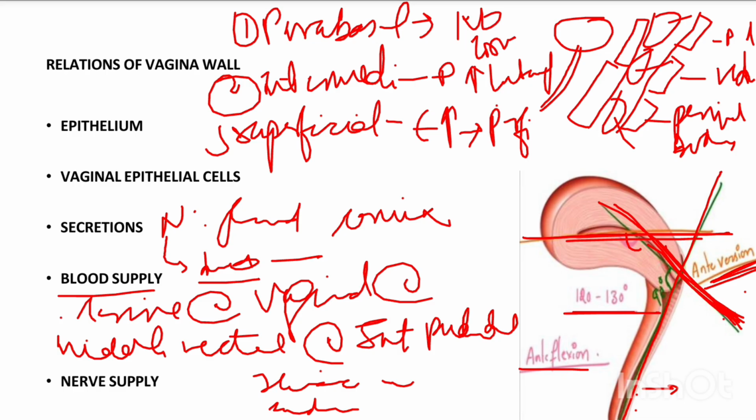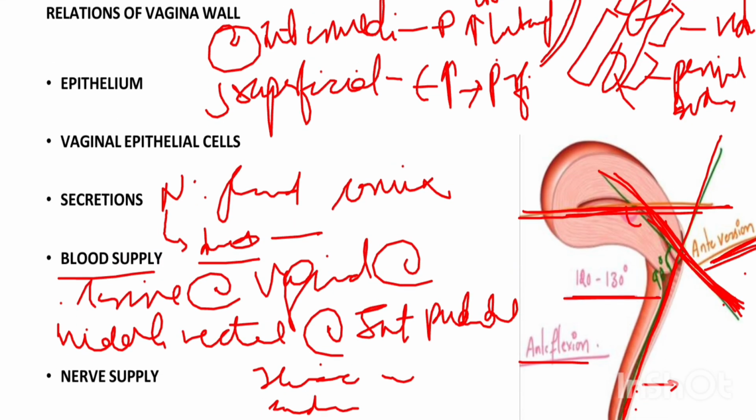So some students have the confusion that all these three structures are aligned in the same direction. No, it's untrue, because the vagina forms a 90-degree angle to the cervix, and the cervix forms a 120-degree angle with the uterus, as you know, the anteflexion position.